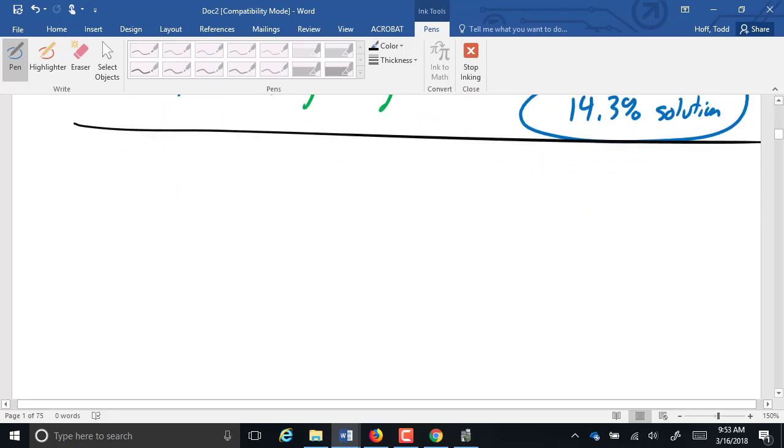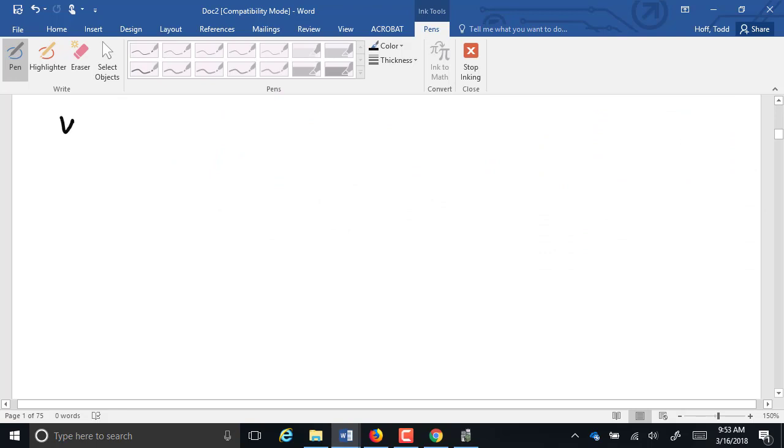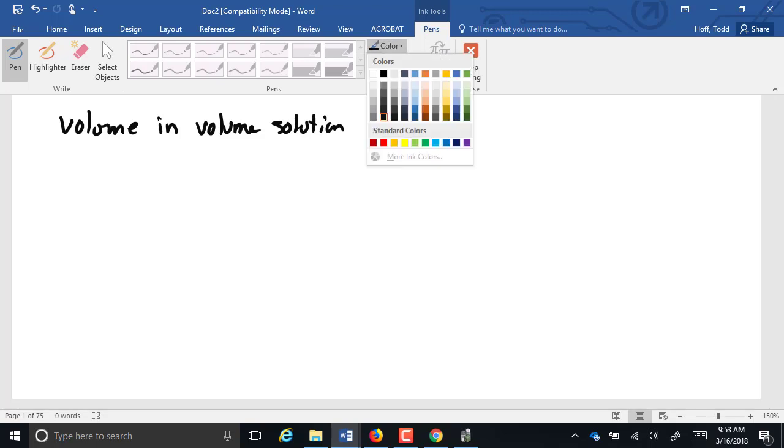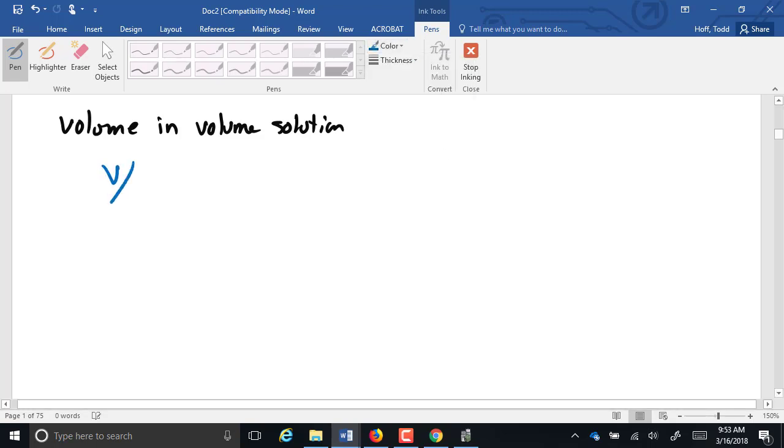Well, another option is called a volume in volume solution, often abbreviated just V/V. We have to be careful with volumes.